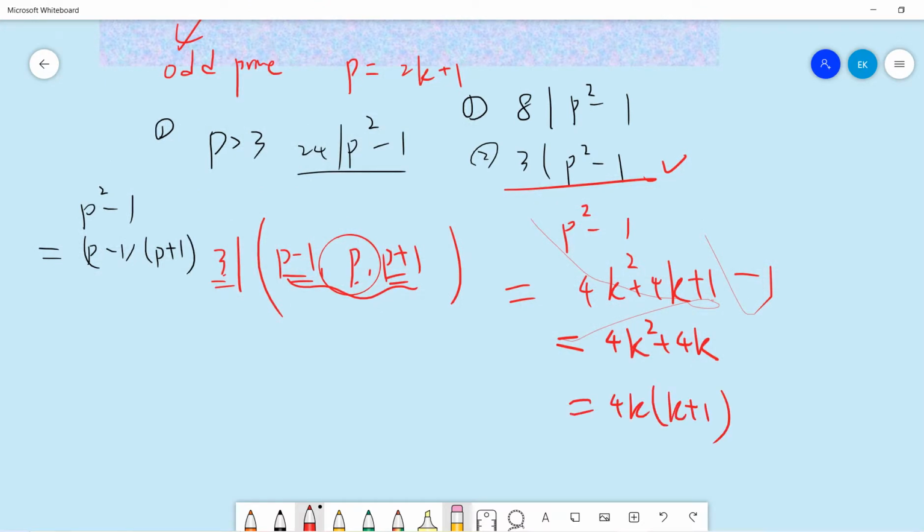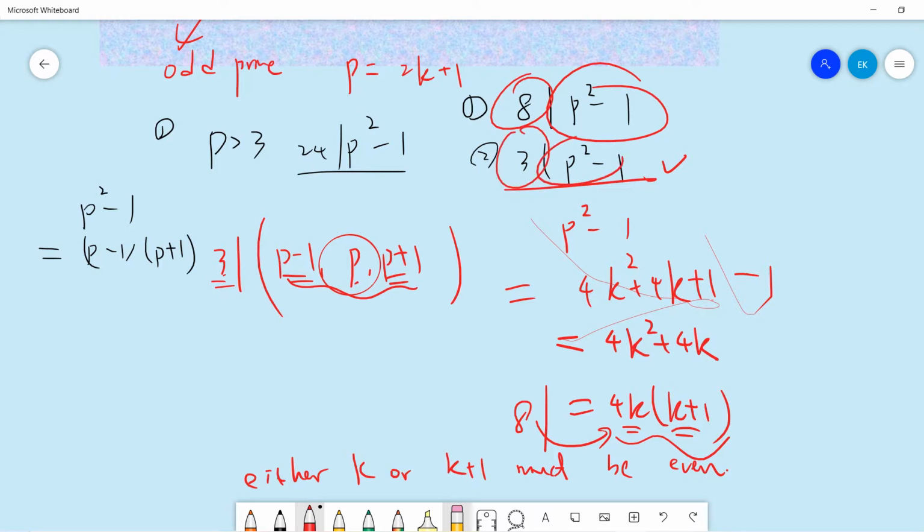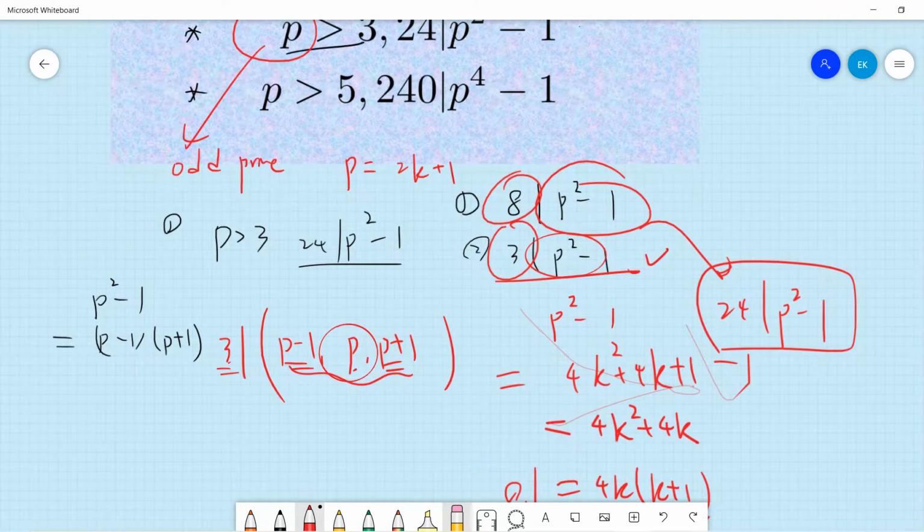Notice that either k or k plus 1 must be even. So this is divisible by 8. Divisible by 8 and divisible by 3, combine these two, and 24 divides P squared minus 1. Okay, so trivial.